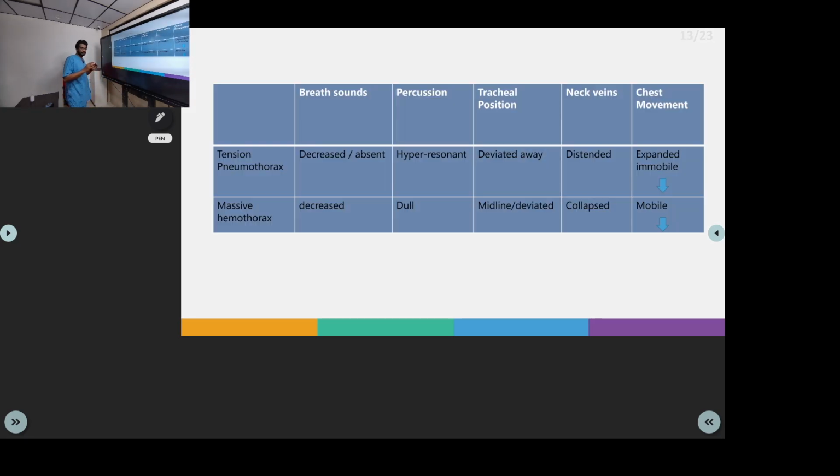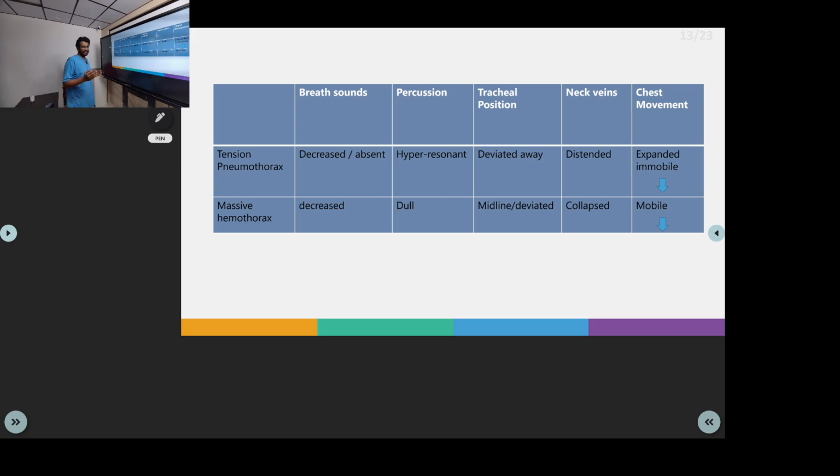So we can differentiate between tension pneumothorax and massive hemothorax based on various signs. In breath sounds, in tension pneumothorax the breath sounds will be absent or decreased, whereas in hemothorax it will usually be decreased. In percussion, a resonant note is heard in pneumothorax, whereas a dull note is heard in hemothorax.